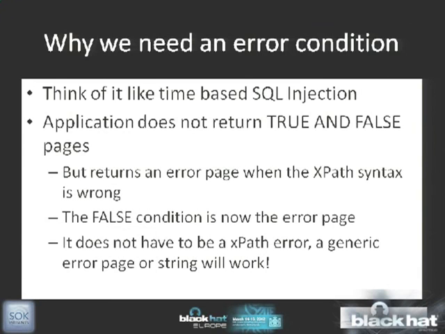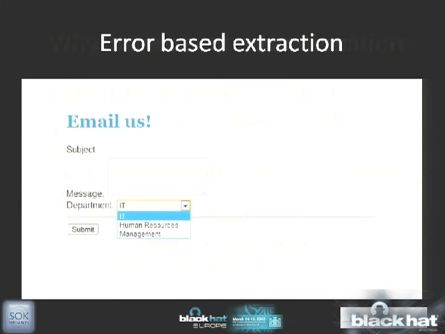And what I find is people often resort to time-based or out-of-band techniques to exploit those particular SQL injections. However, I think there is another way of doing it. We are doing it in XPath, and the same technique applies in SQL as well. So think of this application where you can select a department and send feedback to the department.